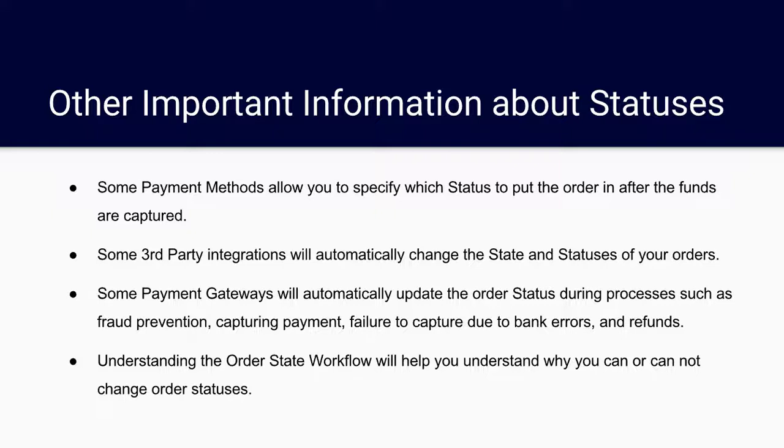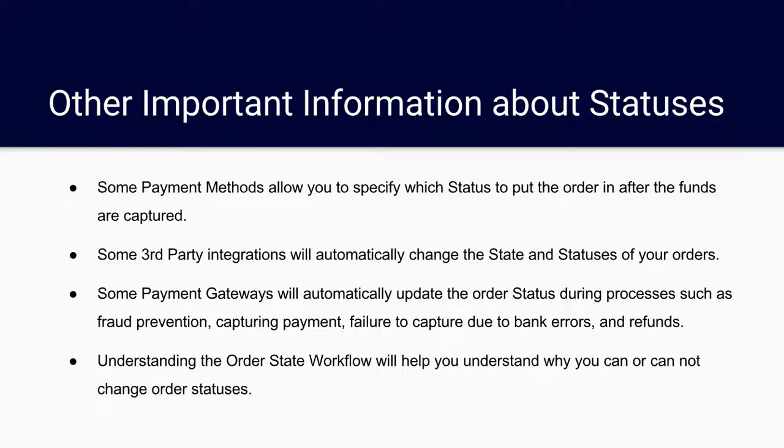Some payment gateways will automatically update the order status during processes that run in the background, such as fraud prevention, capturing payment, failure to capture due to bank errors, and refunds. So all of these things can happen naturally, either by the end user doing it, by the processor doing it, or yourself going into the payment gateway and doing it.